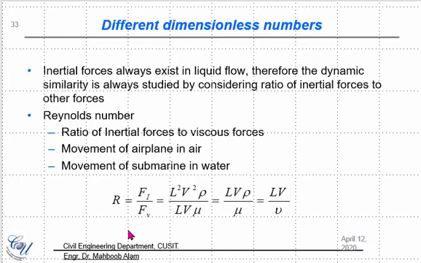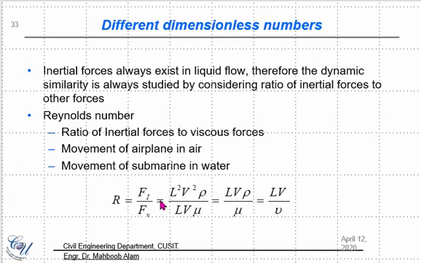We have to ensure that the inertial forces, which are given by this equation, length squared, velocity squared, and density, and then the viscous forces, the same thing with the dynamic viscosity here, and ultimately we reach this equation, LV by absolute viscosity. So this is basically our Reynolds number.